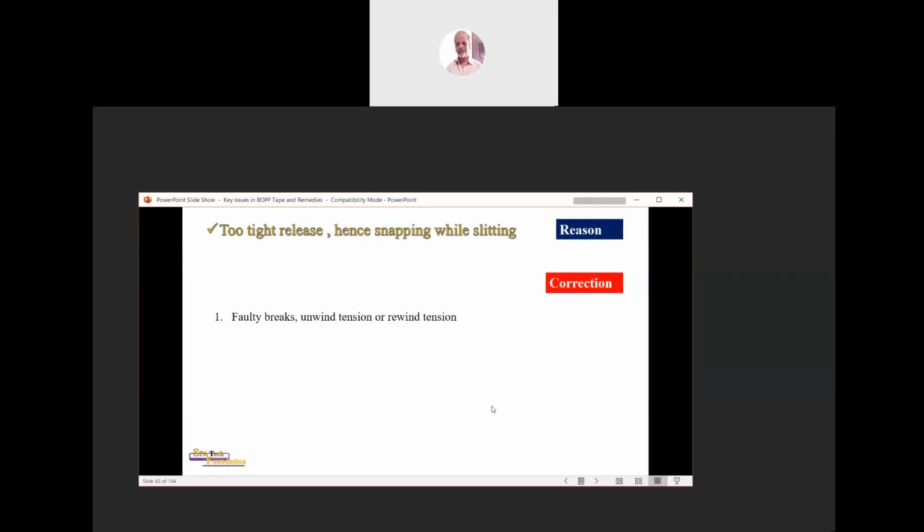The main reason is faulty clutches, unwind tension or rewind tension, manual adjustment of clutches. Too tight rewind tension or too tight unwind tension will create unnecessary stress or stitching in the web or in the film.